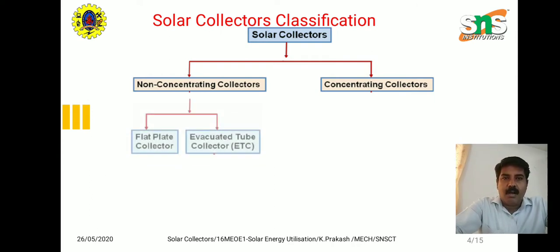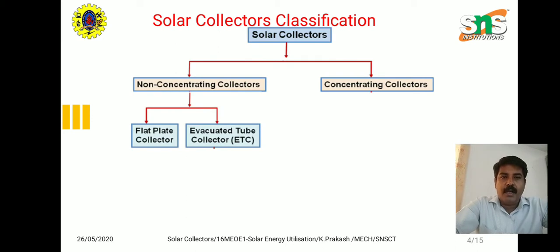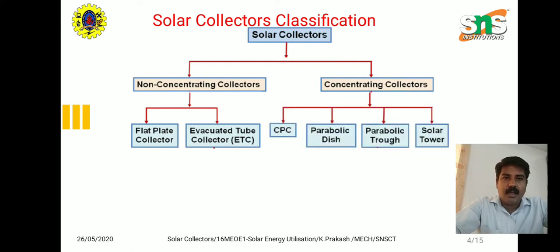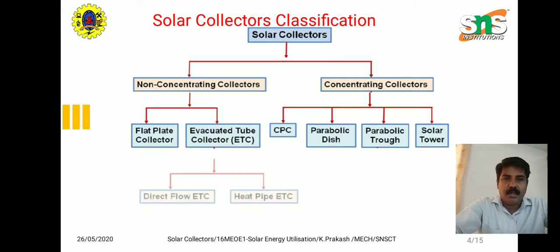This non-concentrating type is again classified into flat plate collectors and evacuated tube collectors, the ETC. Whereas the concentrating collectors are classified into the parabolic dish, CPC, parabolic trough, and the solar tower. There are 4 types in the concentrating collectors.